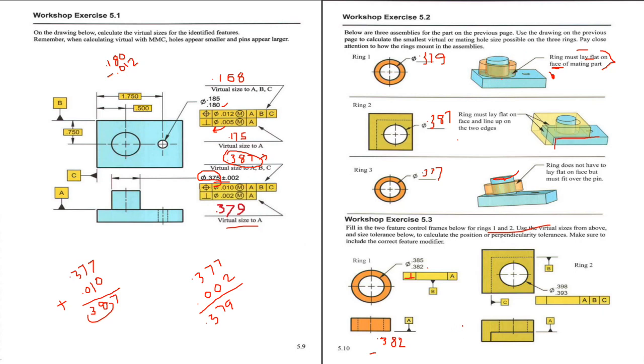Here we have the same condition, the perpendicularity tolerance we are finding out for the ring, and we got 0.379. We will subtract this 0.379 from here.